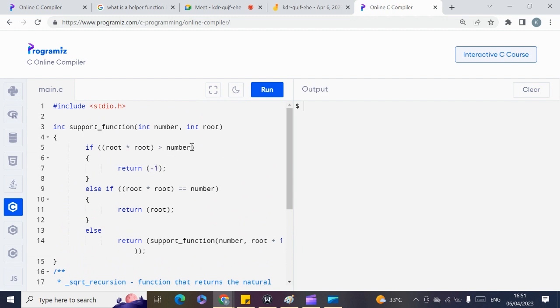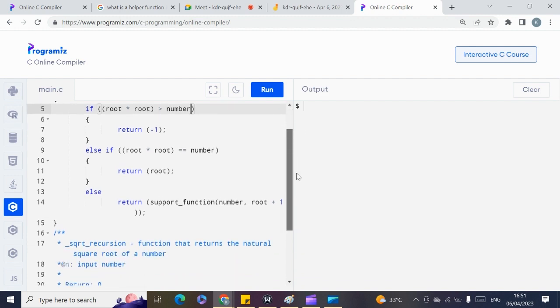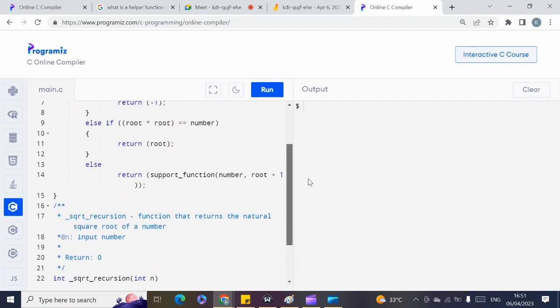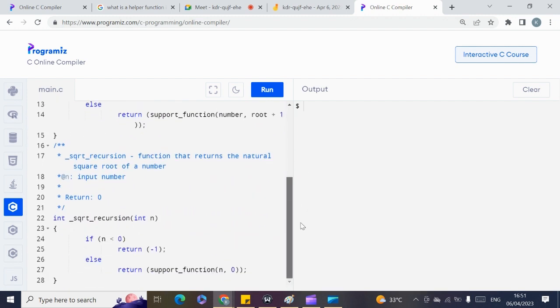So it means that if we had added that one, we wouldn't have even had to. It would have been only one statement here.